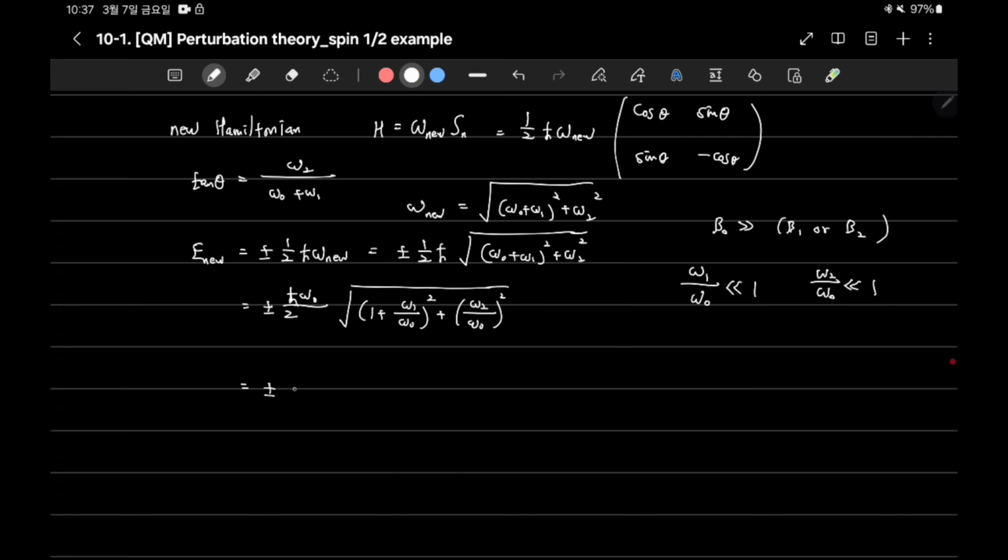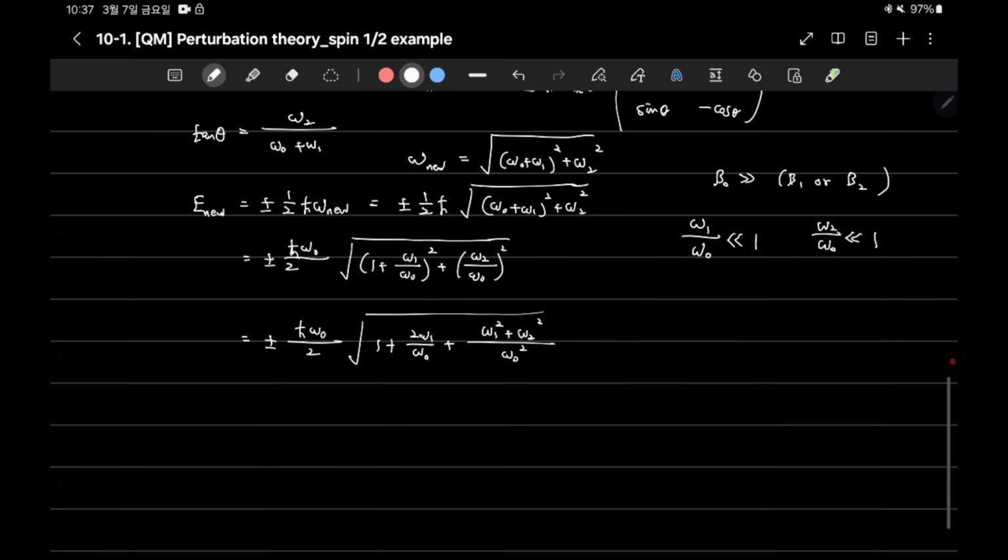It can be rewritten as h bar omega 0 times the square root of 1 plus 2 omega 1 over omega 0 plus omega 1 squared plus omega 2 squared over omega 0 squared.